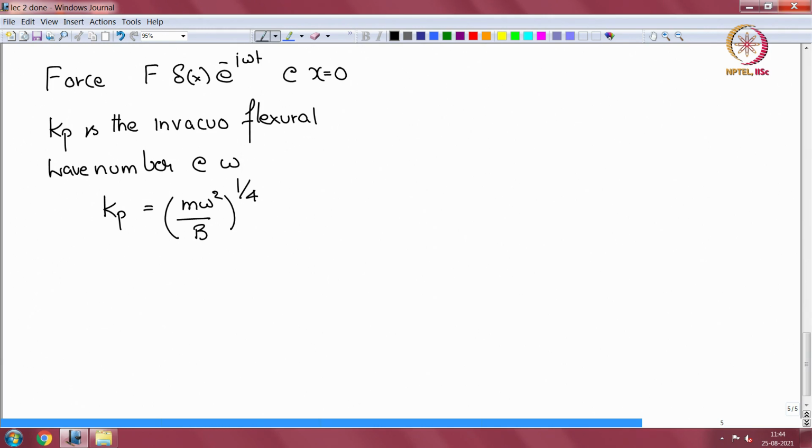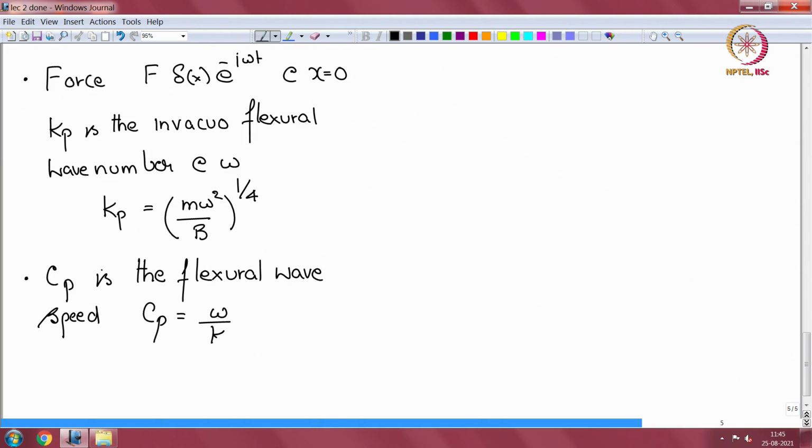Okay, then we have Cp, the flexural wave speed, given by Cp is equal to omega by Kp.